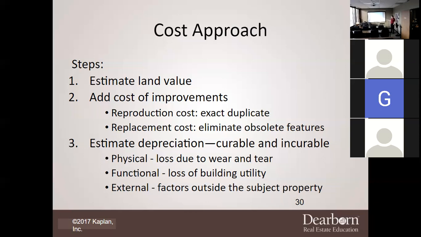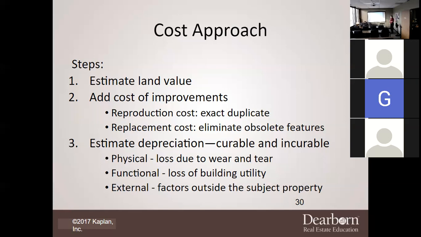And that's why you're going to have what's called curable and incurable. They're going to break down the physical deterioration, which is the loss due to wear and tear. So from 1800, Mr. Eugene, to 2021, the question for you is, is that a lot of years of wear and tear? 1800 to 2021. A whole lot.